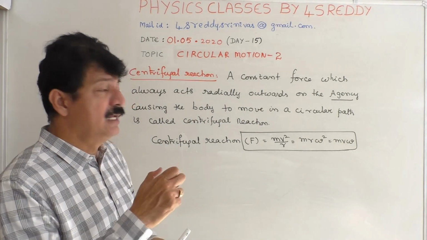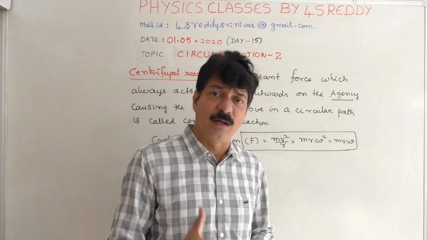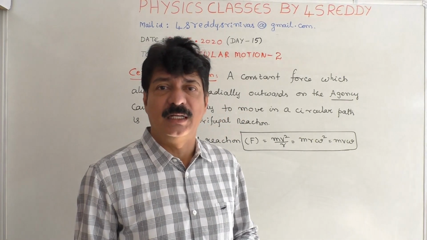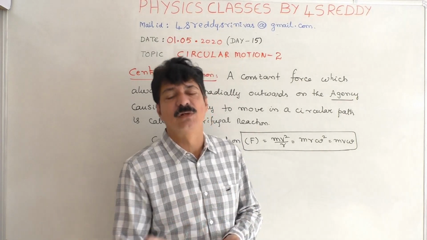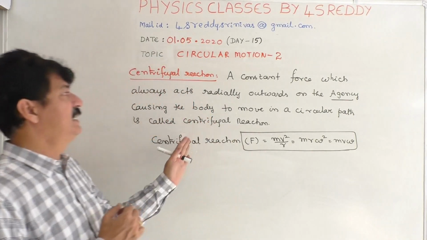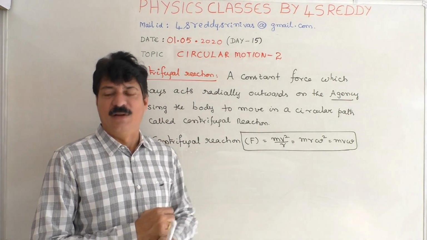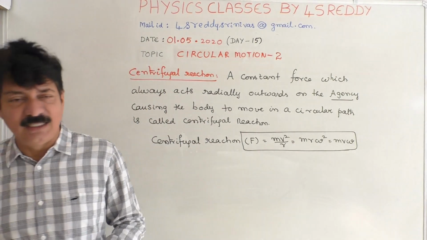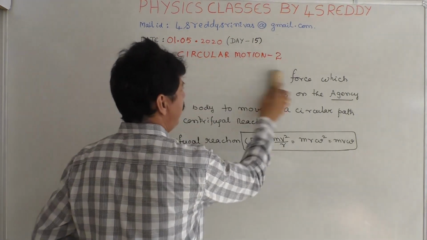In turn, the object will also exert an equal and opposite force on the agent, and that force is called centrifugal reaction. And once you get the idea of that, you may be given the same examples.